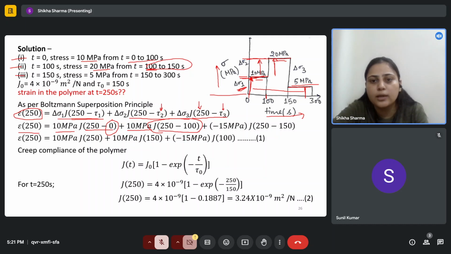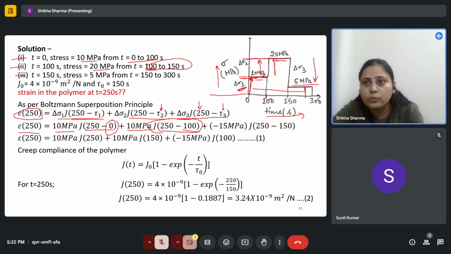So 250 minus 100, plus delta sigma 3. Now from 20 megapascal, the stress is coming down. So what will it be? Delta sigma 3 will be 5 megapascal minus 20 megapascal, because sigma 3 is 5 megapascal and sigma 2 value is 20 megapascal, which will give minus 15.